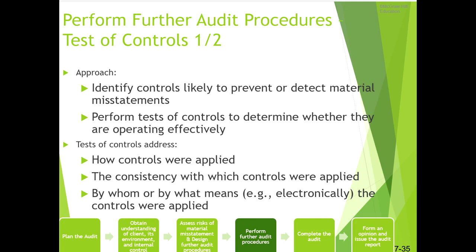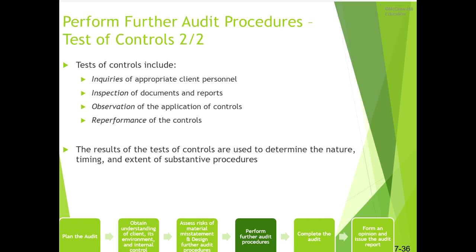If it's through an automated system or a piece of software like an ERP system, then we're going to have more faith that it's going to be done every time, assuming those settings are set correctly, relative to if it's a manual control where someone has to sign off on something on a physical piece of paper, right? So we want to see and test how those controls are actually implemented and how effective they are.